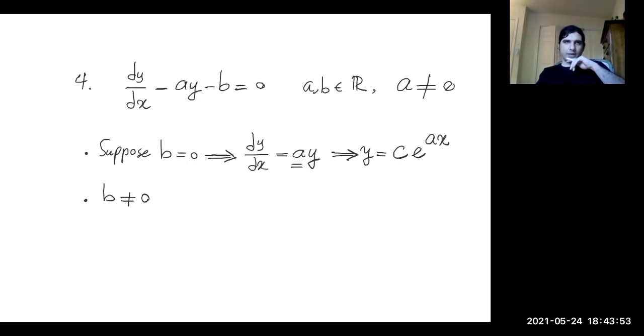How can we do that? We have dy/dx equals, taking the other terms to the right-hand side, ay plus b. This b here is non-zero, and I want to do something to get rid of this constant b.